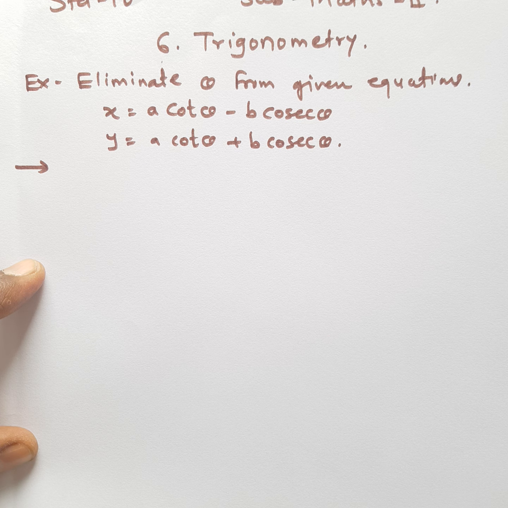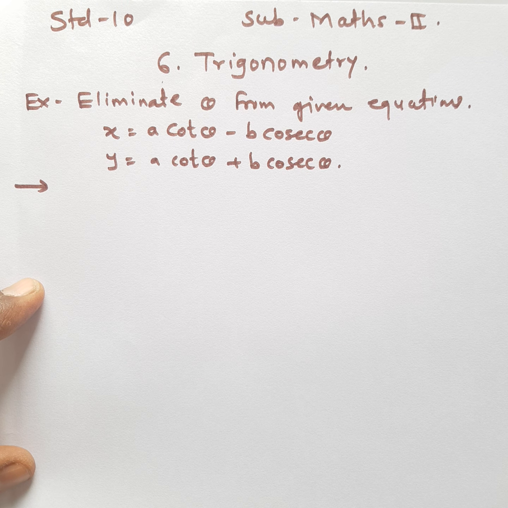In solving linear equations in two variables of such type, we first add the two equations and then subtract them, and by obtaining two new equations by adding or subtracting we can solve these equations. But here we do not have to solve these equations, only eliminate theta.